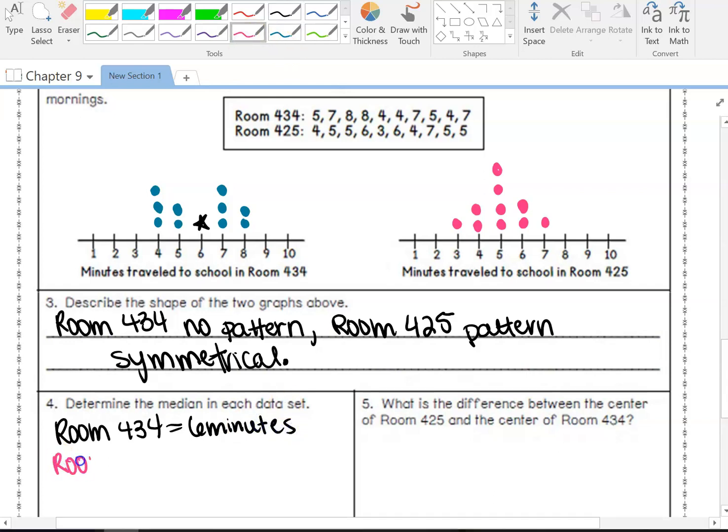For room 425, we still have 10. So then I would look for 6, 1, 2, 3, 4, 5, 6. So 5 minutes would fall for my median. So median, remember, means middle.